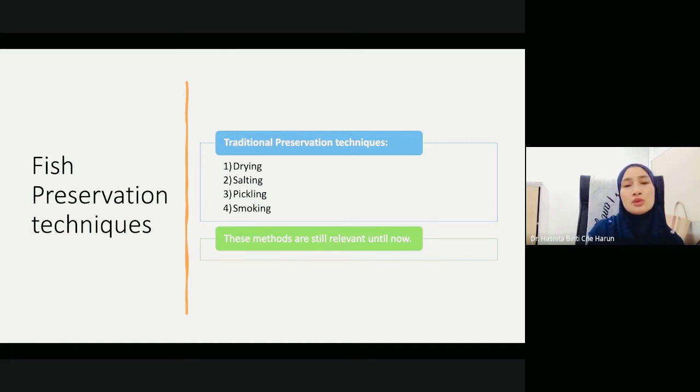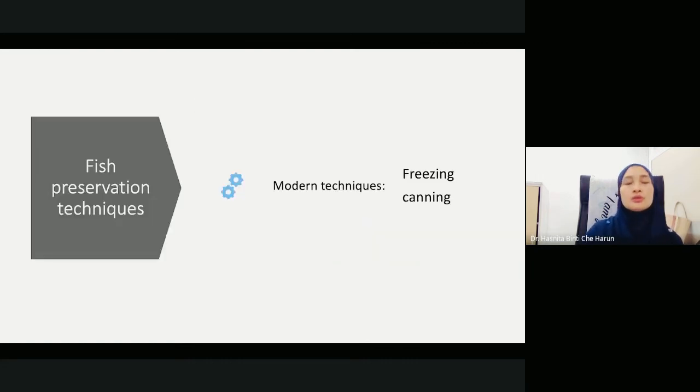Either you go for traditional preservation technique or modern technique. Even for the traditional technique, you have the option of drying, salting, pickling, and smoking the fish. And if you want to go for modern technique, you could choose either to freeze it or to can the aquaculture product.